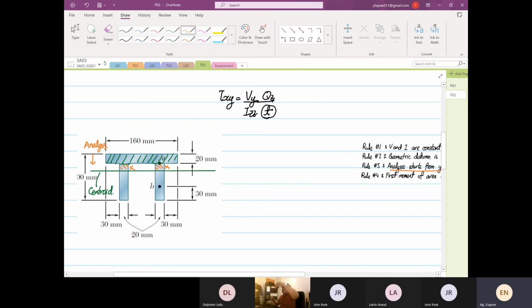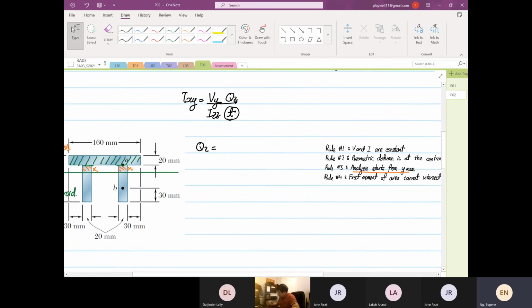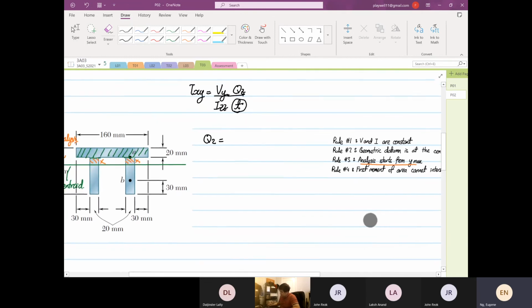The analysis starts furthest away from the centroid at Y max, and then it comes in. This is the only reason. So as I say, the first moment of area Qz is the most difficult quantity to acquire if you don't apply these rules.